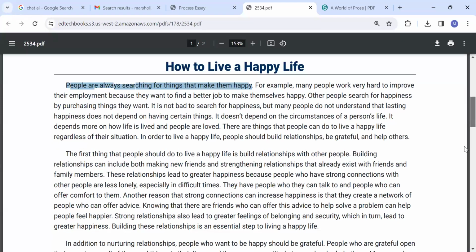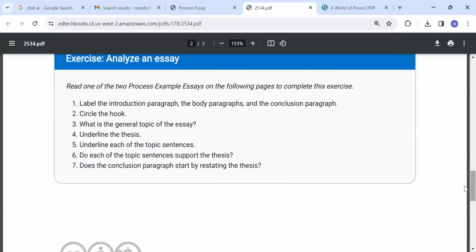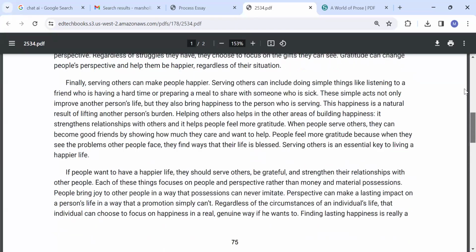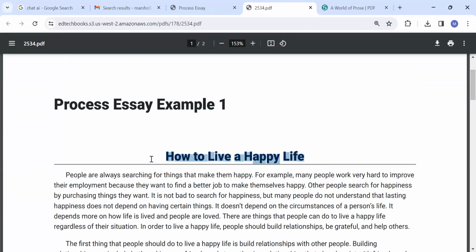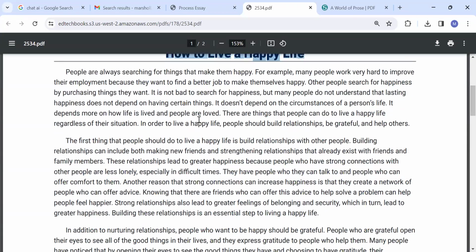So that's why we call it the hook. What is the general topic of the essay? Well, we've already established that by one, the title, and by two, our introductory sentence. Things that people do to make them.